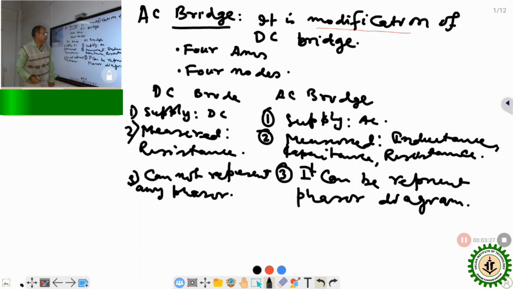Okay, so I am just giving the idea about the AC bridge and DC bridge and what is the difference between AC bridge and DC bridge.